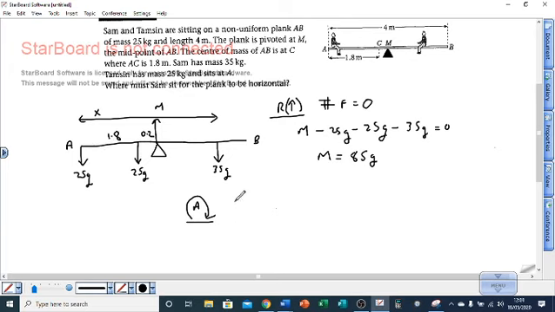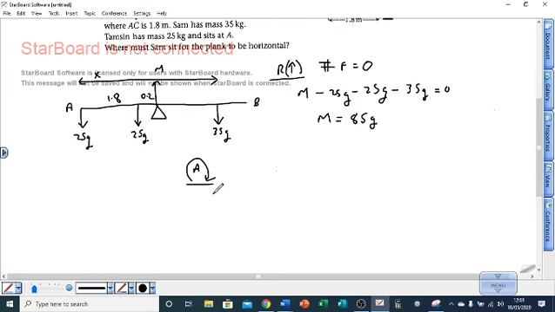The first clockwise one is going to be 25G is the weight, multiplied by 1.8, plus the other one, 35G, multiplied by X. And then minus the anticlockwise one, my force M, which is 85G, multiplied by 2.